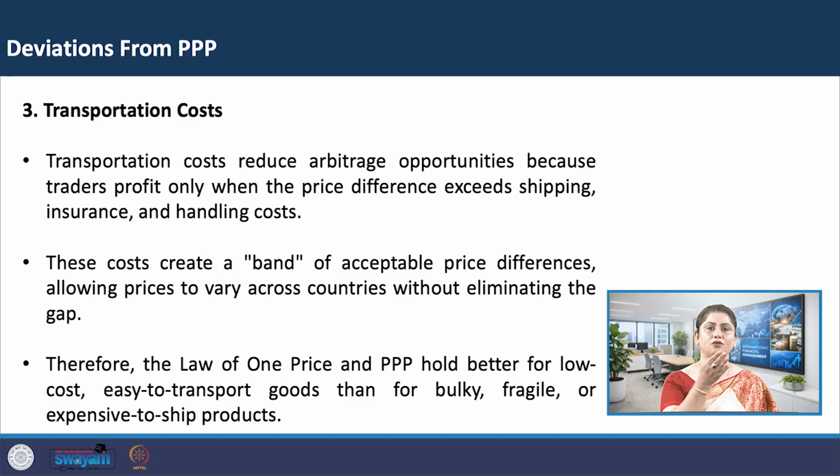That means it is $500 in US and the same product is $540 in India. If the shipping, insurance, and handling cost is $50, then there is no profit from buying the goods in the US and selling it in India because the price difference is smaller than the transportation cost.